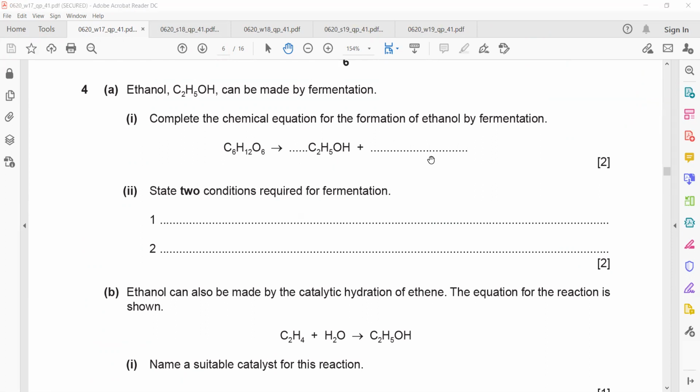Another question: ethanol, which is C2H5OH, can be made by fermentation. Complete the chemical equation for the formation of ethanol by fermentation. So what will be the product here? Glucose forms ethanol plus carbon dioxide. And how can we balance this equation?